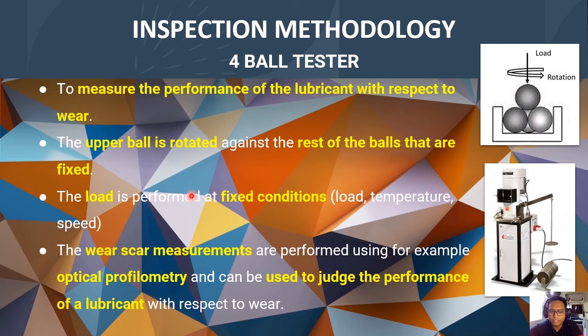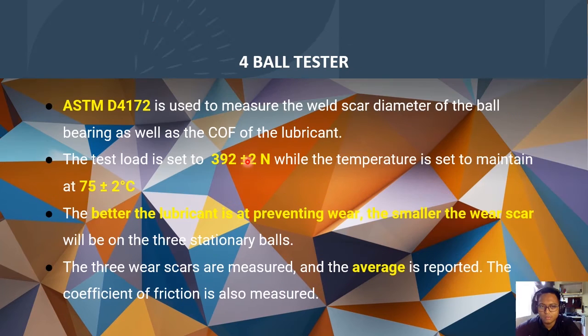Then the load is applied with fixed conditions such as load, temperature and speed. Then the wear scar measurement can be performed by using the optical profilometry here in the picture. This is the machine used to measure the wear scar, and this machine can also be used to judge the performance of lubricant with respect to wear.